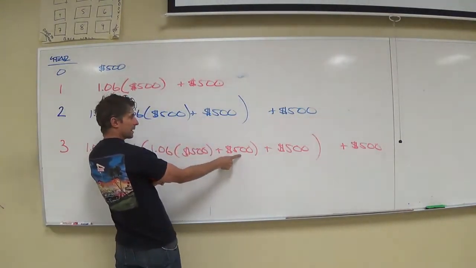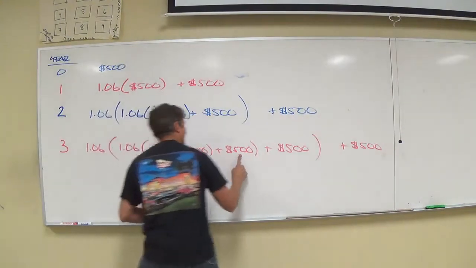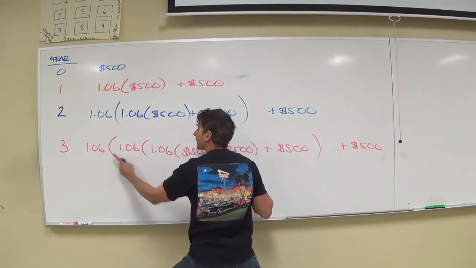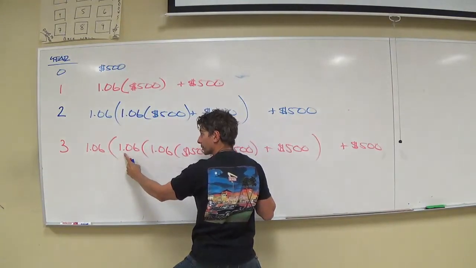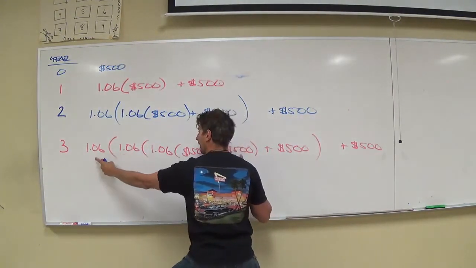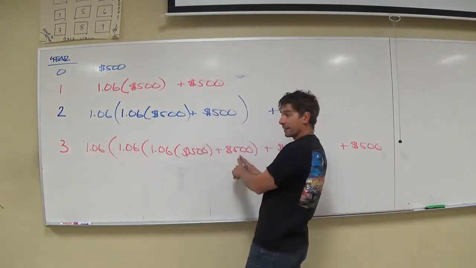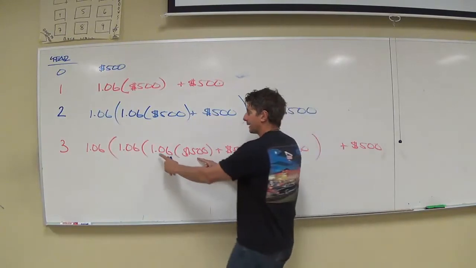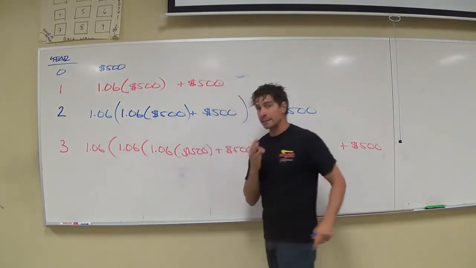This 500 bucks right here definitely had this year's interest applied to it, but it also had the previous year's interest applied to it. So this 1.06 and that 1.06 have both been applied to that 500 bucks. And this 500 bucks right here has had 106% of it taken 3 times.